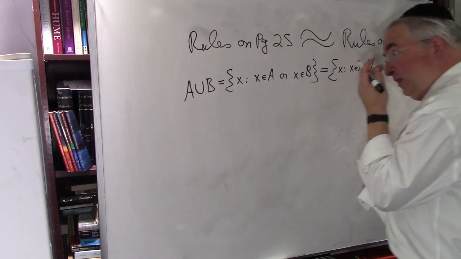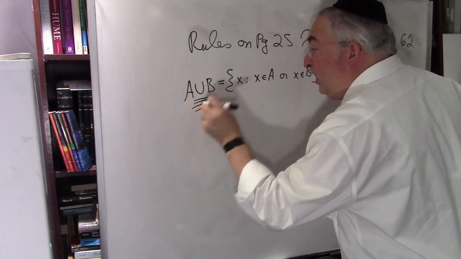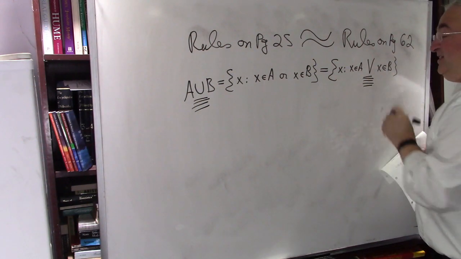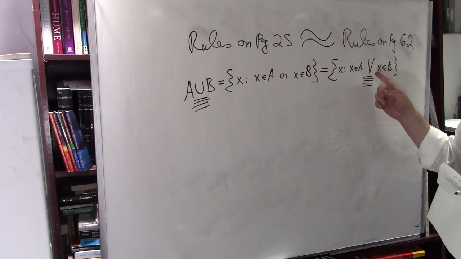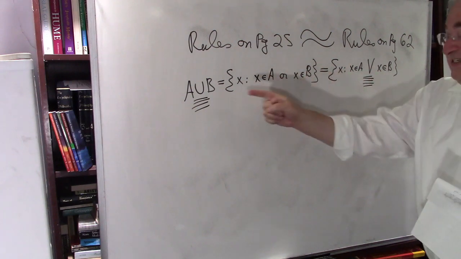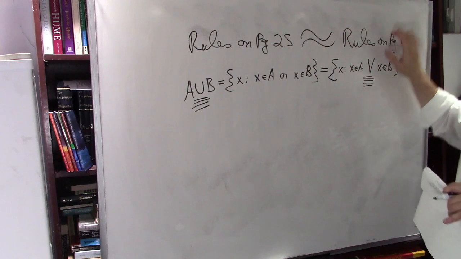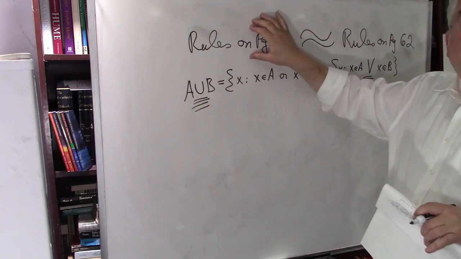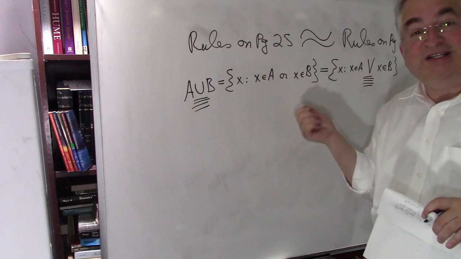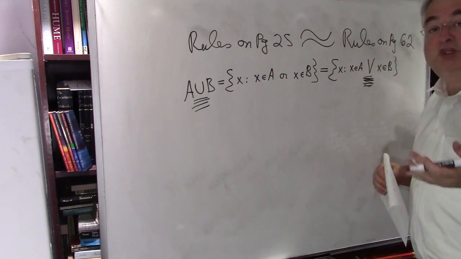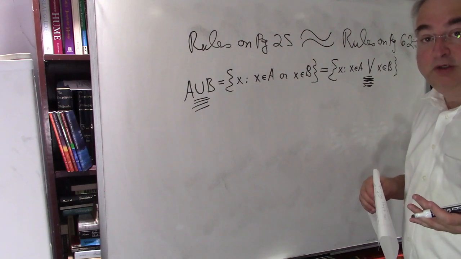But the main point I'm trying to bring out is the union of two sets was defined by the same operation, or. So it makes sense that if this is going to satisfy all these rules, then this operation is going to satisfy all those rules.